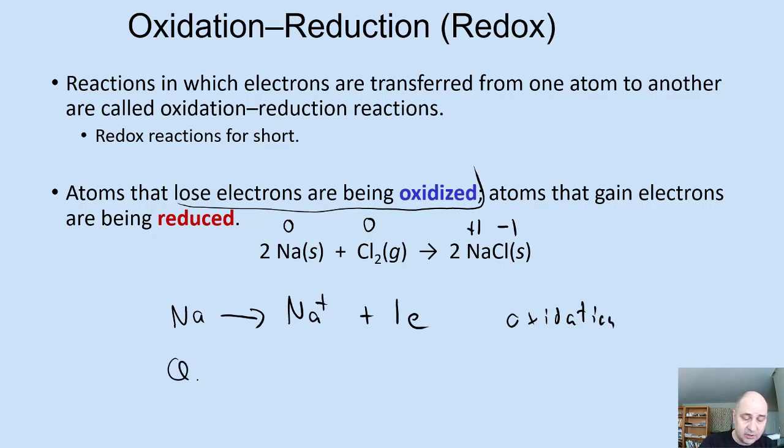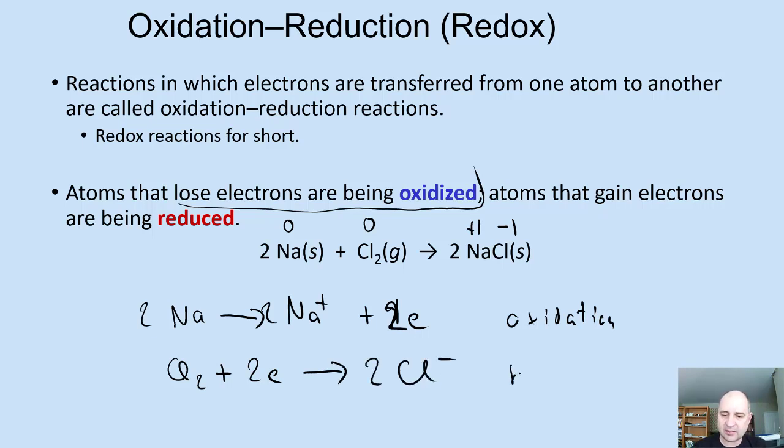See here we have Cl2, so we have 2. I could have done that here. We have 2 and 2, then we need 2 electrons. You know, the electrons also have to balance in these reactions. So here we have chlorine gas, or chlorine as an element, and 2 electrons, 1 going to each chlorine, will then produce 2 chloride ions, and that is the reduction.